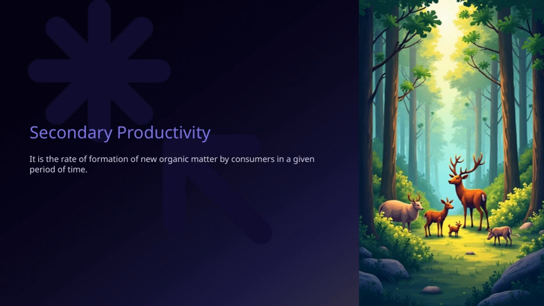This concept is really important because it helps us understand how energy flows through an ecosystem after the primary producers, like plants, have already captured sunlight and produced organic material. By measuring secondary productivity, we can get a clearer picture of how energy is transferred and how ecosystems sustain their populations. It ties into the overall theme because it highlights the dynamic processes that keep ecosystems functioning and productive.